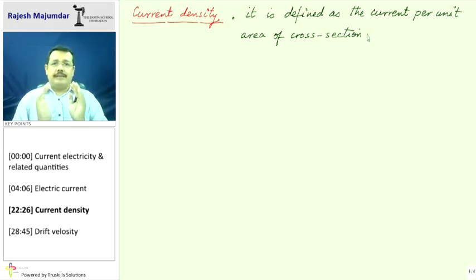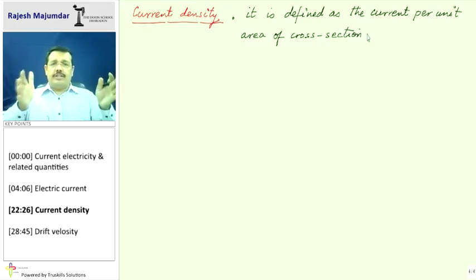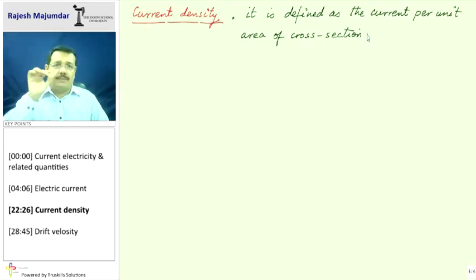How much current is passing through unit area of the cross section. So if the cross sectional area is slanted, or if the cross section area is more or less, how much current is passing through unit area, and that is the measure of current density.